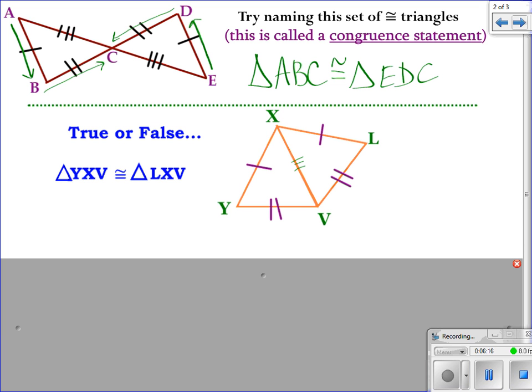Look at the congruent statement. Did they name them correctly? Yeah. Okay, let's double check. YXV and LXV. So we went across the side that has 1 dash and then the 3 dashes. This one, 1 dash and 3 dashes. So this is true.